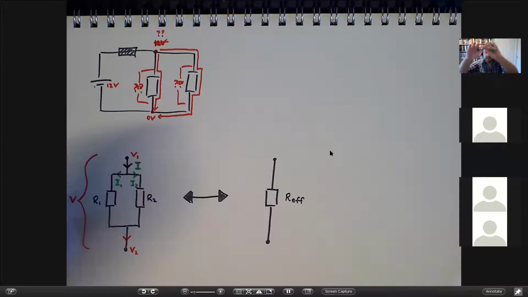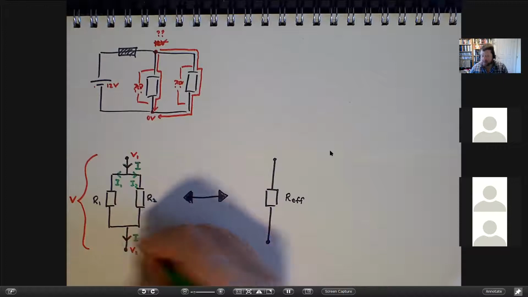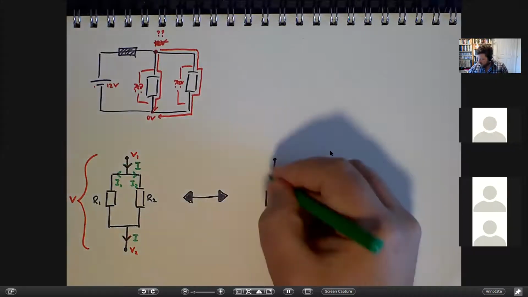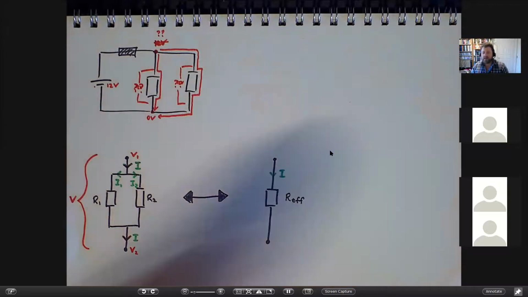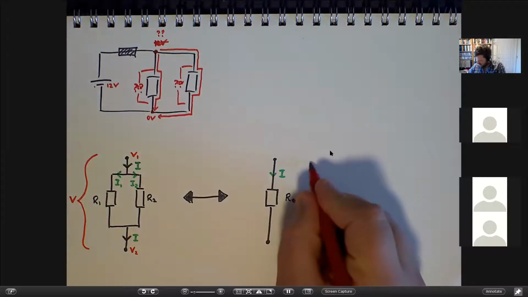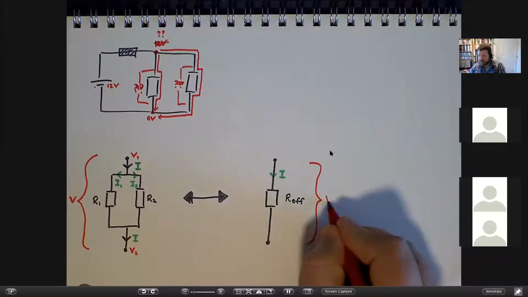They're going to go through their separate resistors, and then they're going to recombine to form I again. Then I can say, well, what's going on this equivalent side here? Well, I is the same. We don't have to worry about anything ever splitting on this side, and we can talk about there being a potential drop of V on this side.